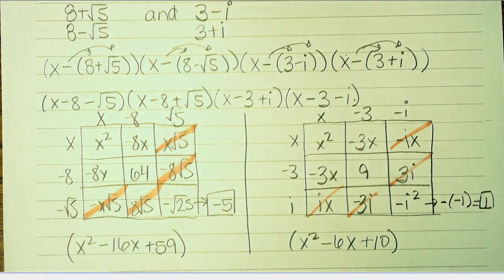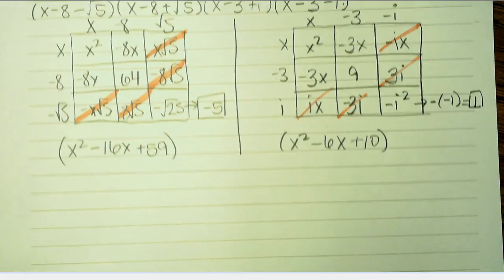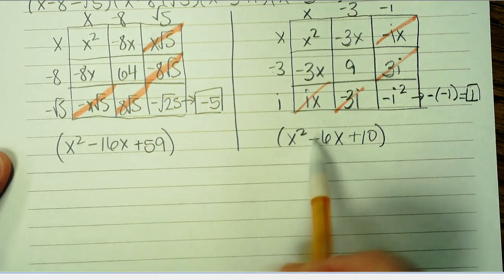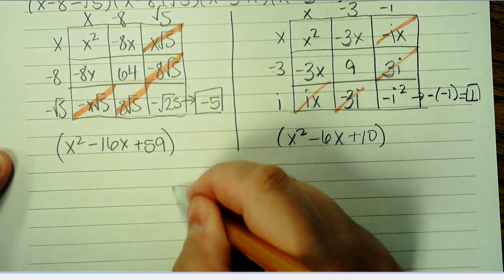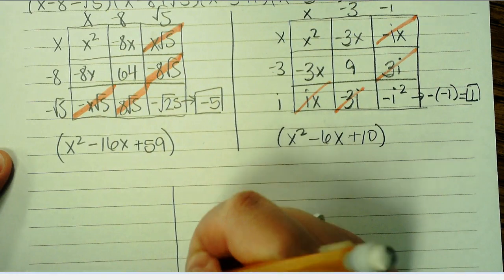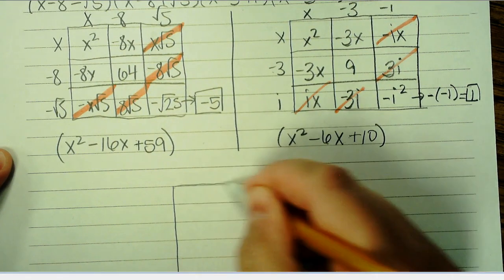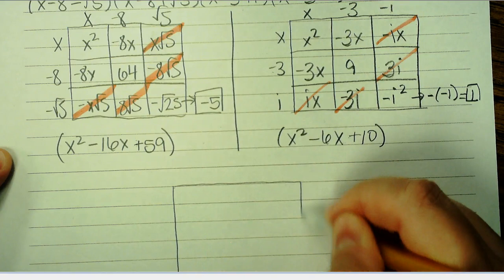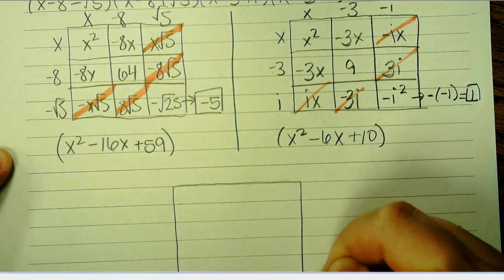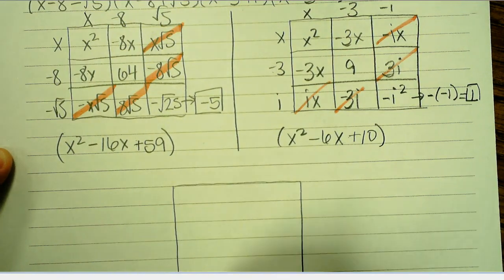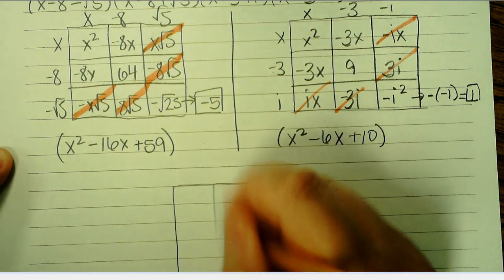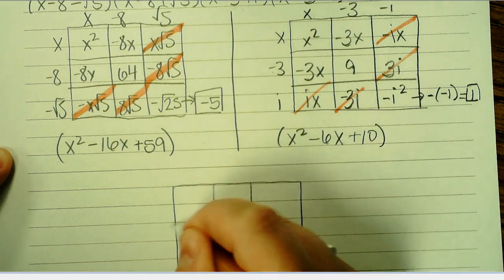Okay, I know this is getting long, but ultimately to get the final answer, I need to multiply these two together. So I am going to draw one more box. Okay, so I'm going to go 3 by 3 here.